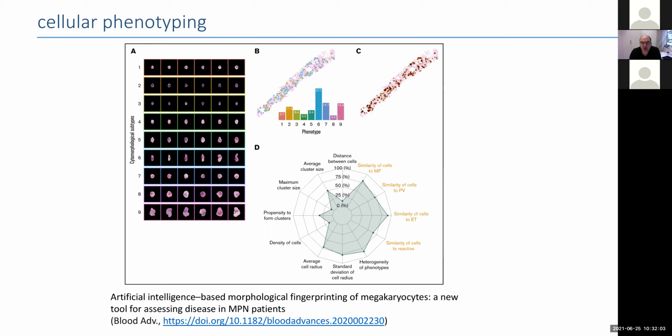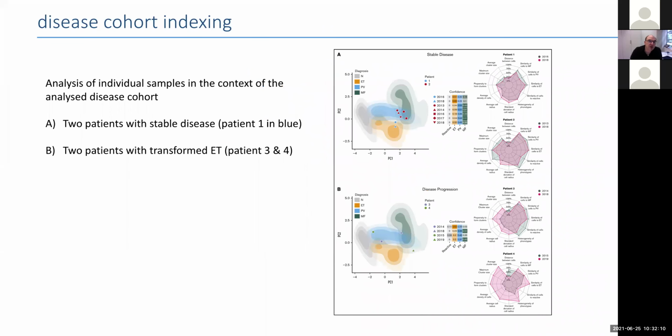Now the question is, how do these representations help the understanding of disease? Initially we thought the histograms were already very helpful. What turns out is, if you overinterpret the histograms over the phenotypes, it is often misleading when you want to relate two cases or look at disease progression.